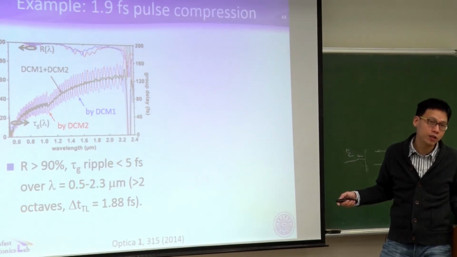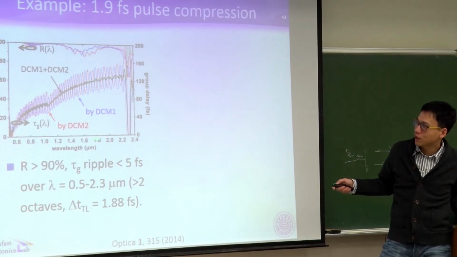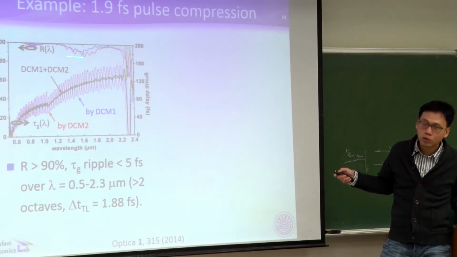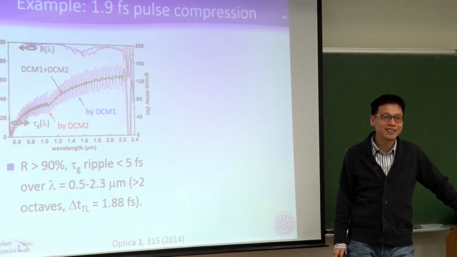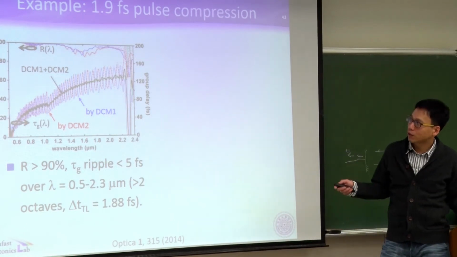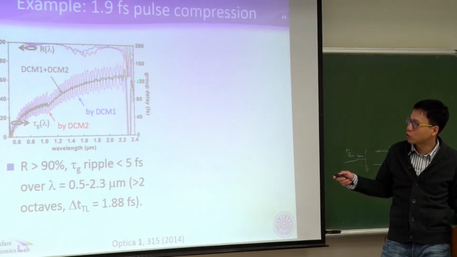It's already mid-infrared. OK， 所以在这么宽的 wavelength range， 从绿光到中红外光，反射率都维持 90% 以上。Very efficient. But you might be more interested in the performance of group delay.